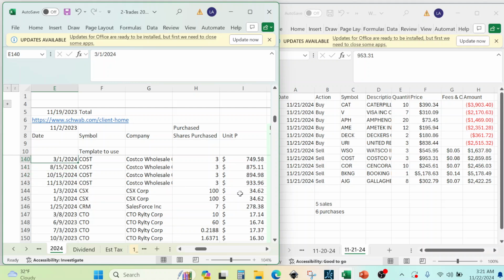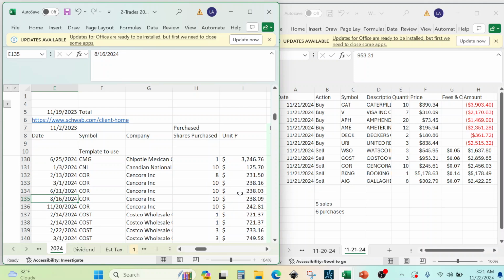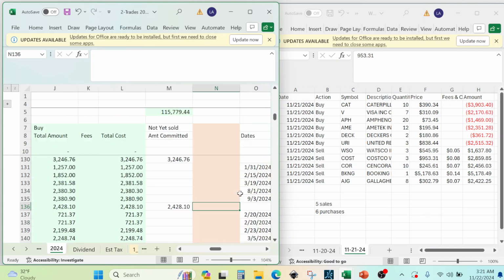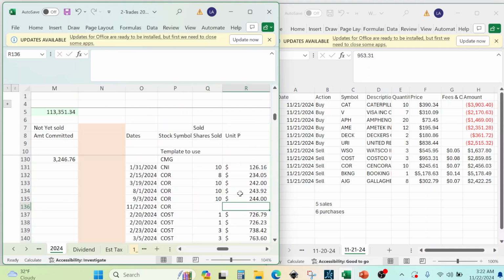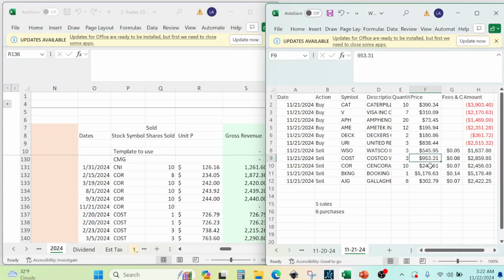CORST should go up. Okay, we bought it on the 20th, a day prior, and we sold it on 11/21/24. How many shares? 10. $2.45.